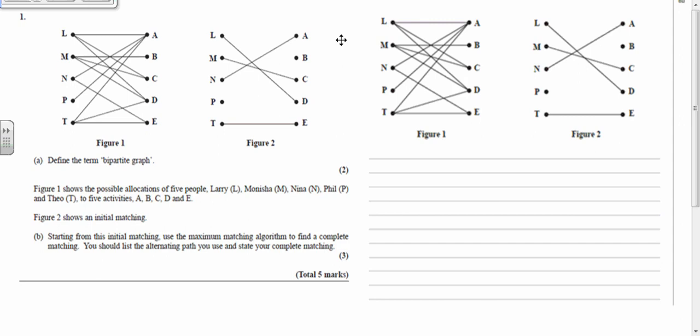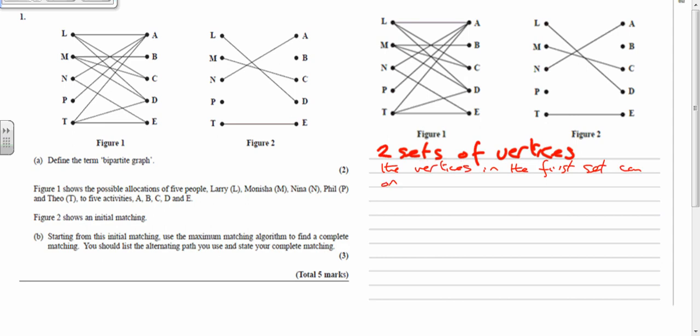Now, you've got to say that you've got 2 sets of vertices, and that's going to be 1 mark, and the other mark is saying that the vertices in the first set can only be matched to those in the second set, and vice versa.